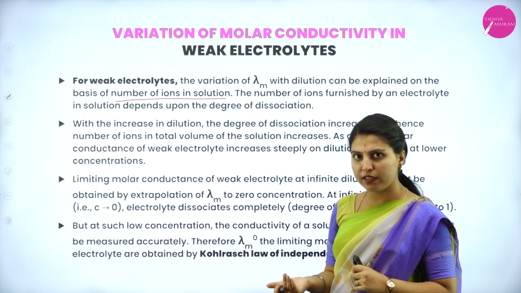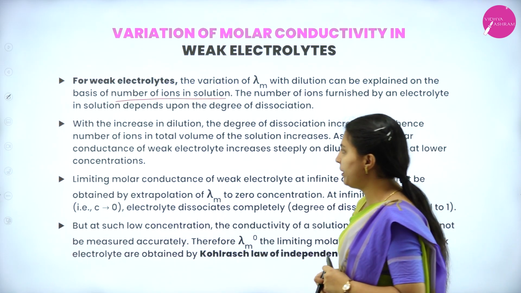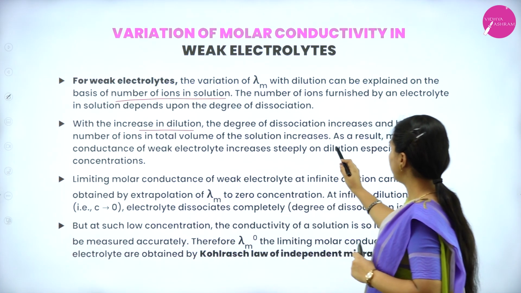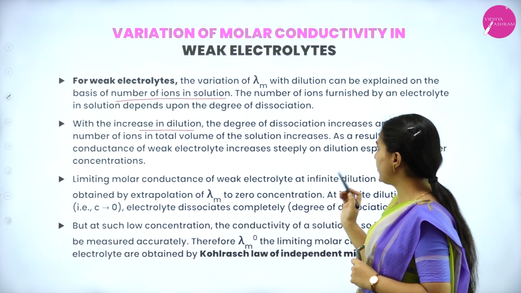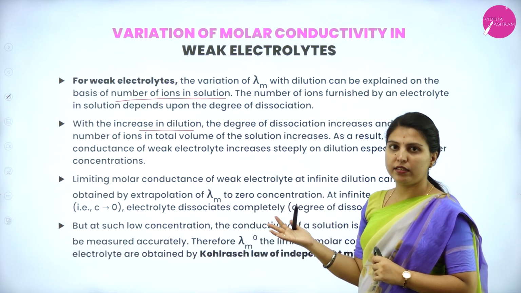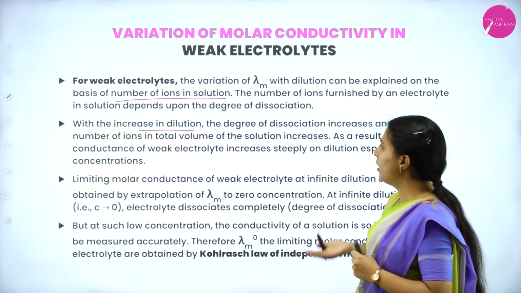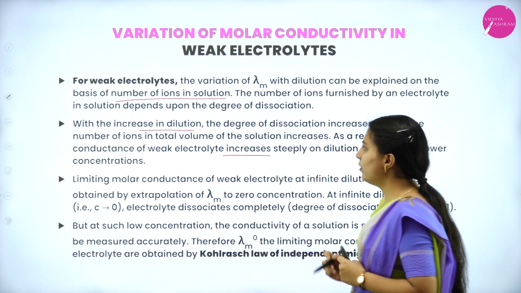With the increase in dilution, the degree of dissociation increases, and hence the number of ions in the total volume of the solution also increases. As a result, the molar conductance of weak electrolytes also increases.